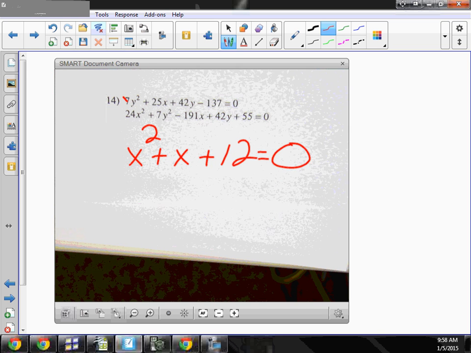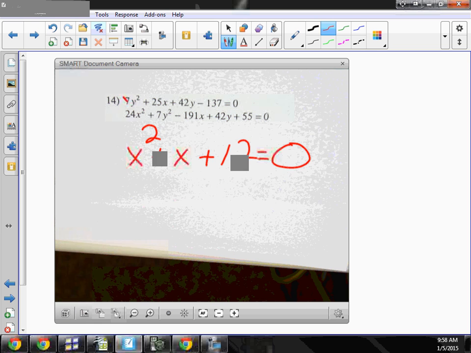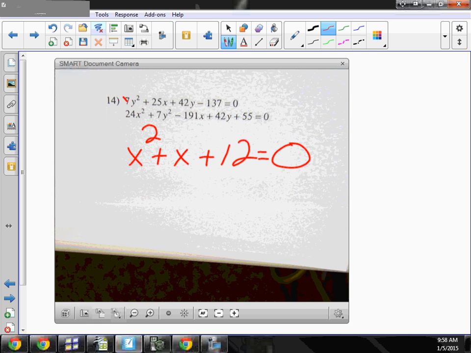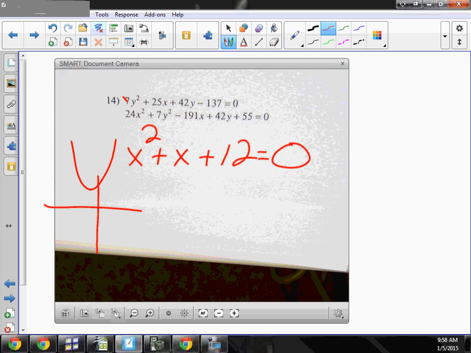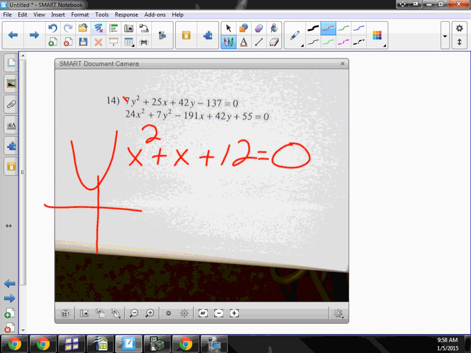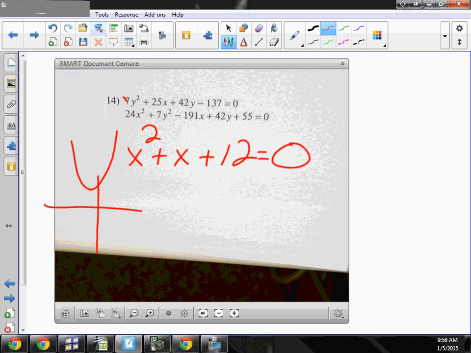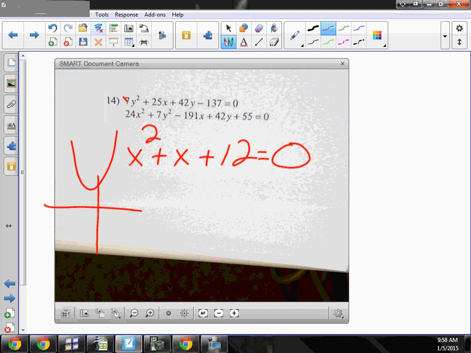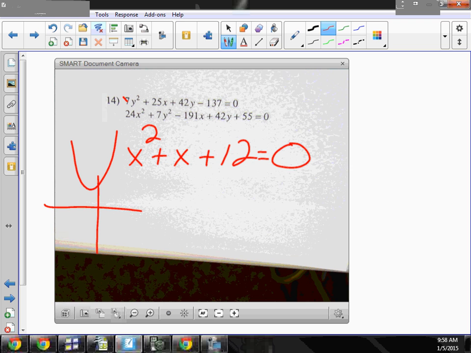If it doesn't factor, does that mean it has no answers? No, it means it has no friendly answers. So you could graph this, and if that misses the x-axis, if this quadratic has no solutions, then this system has no solutions. But that's not going to happen. Okay? You will always get to a factorable quadratic. There are no solution problems in this.